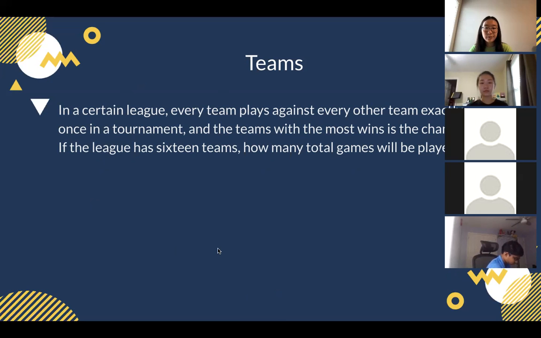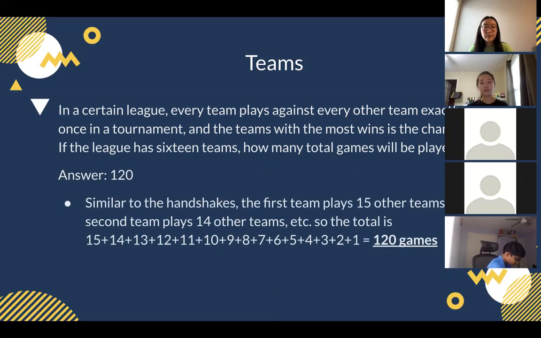Yep, so 120 is correct. So the strategy we see here on the screen is going to be the addition. So the first team is going to play 15 other teams. Second team is going to play 14 other teams, and so on. So you add all of them up and you get 120 games.